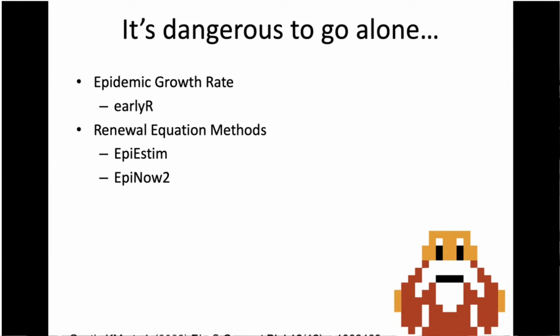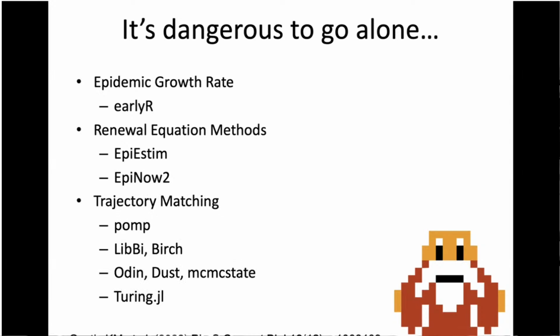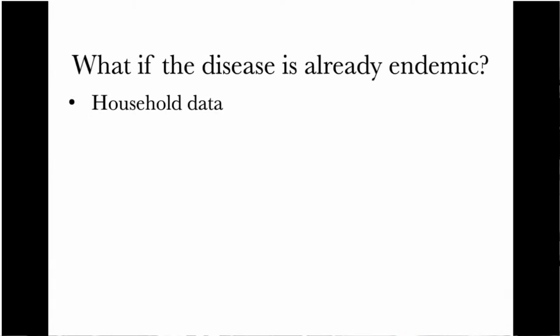There are some based on renewal equations or trajectory matching, which you can install in R and just see how it works. Maybe if you get time, you can do this in your practical session. The practical for this session is optional, I think.